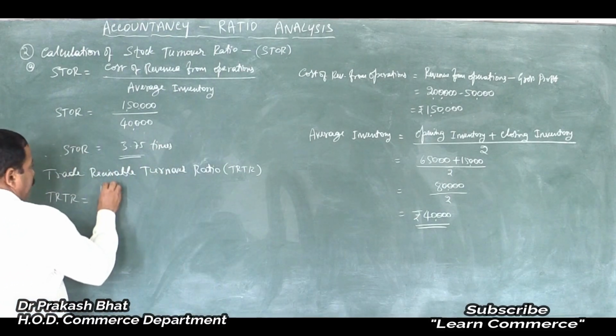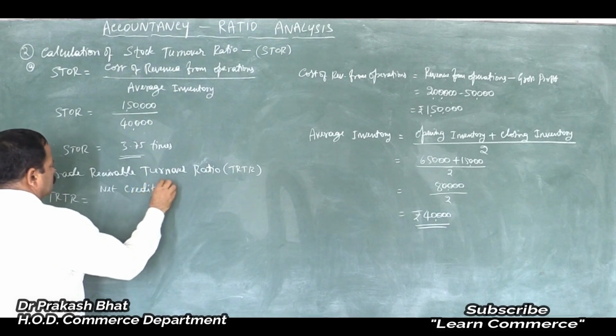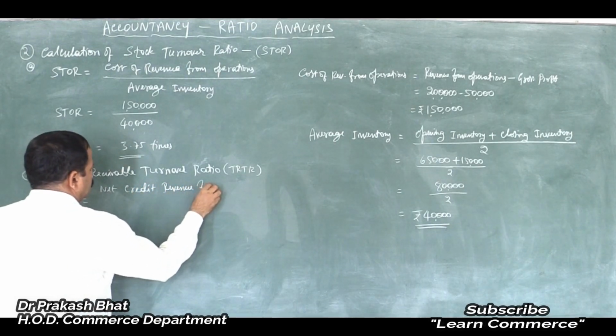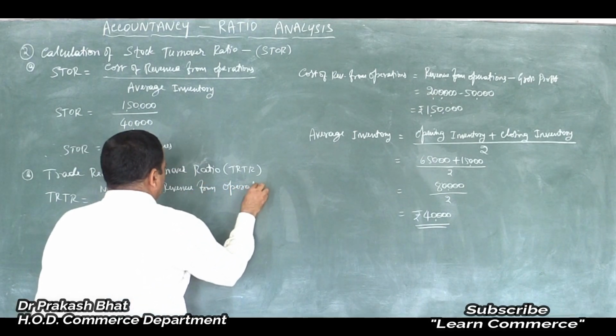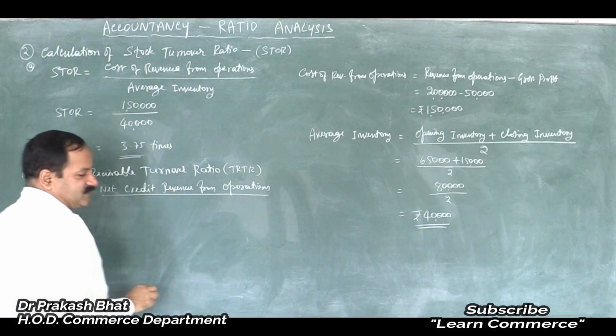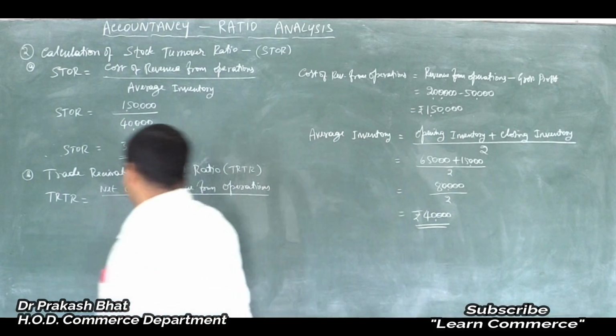Net credit revenue from operations divided by average trade receivables, correct? Yes, it is average trade receivables.